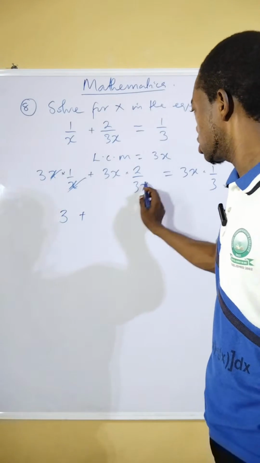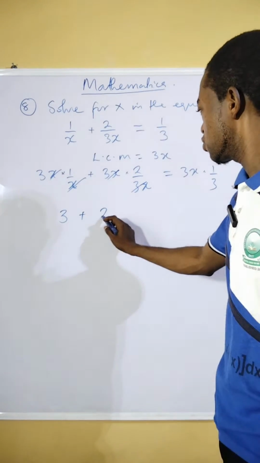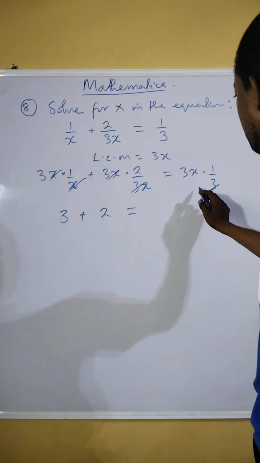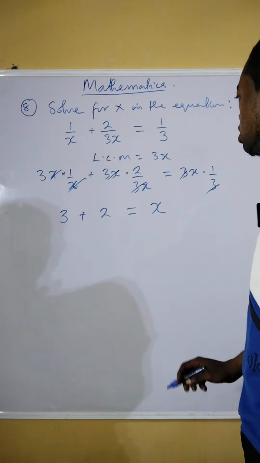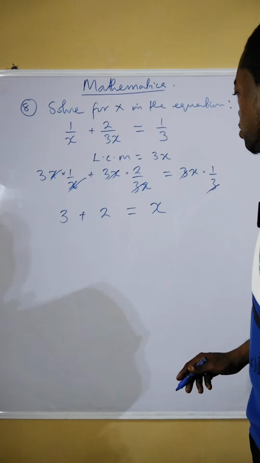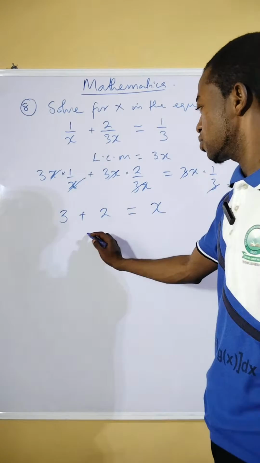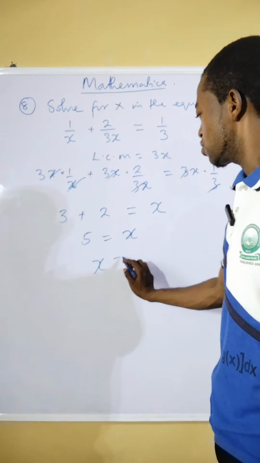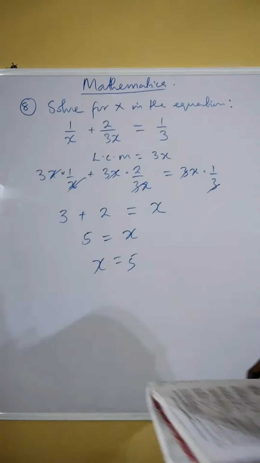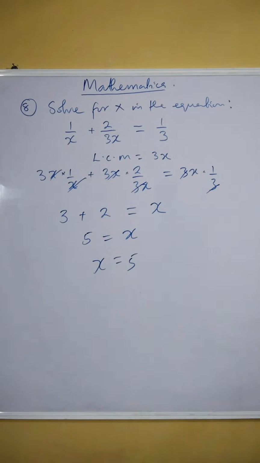Then plus, 3x cancels 3x, we have 2. Equals, 3 cancels 3 here, remains x. Alright. So 3 plus 2, that's 5. So 5 equals x. And therefore, x is equal to 5. So that's the way to handle that kind of equation.